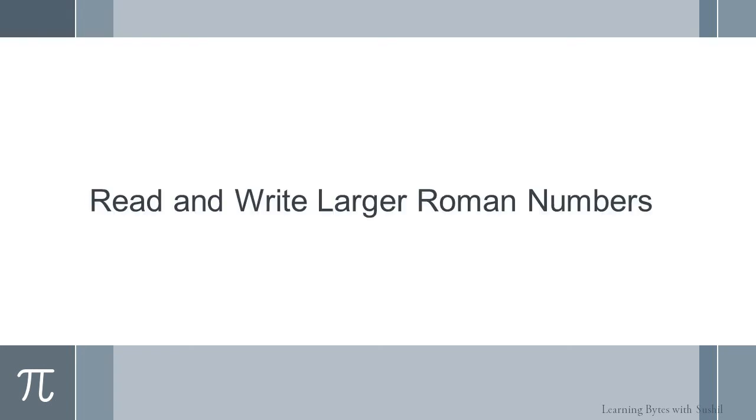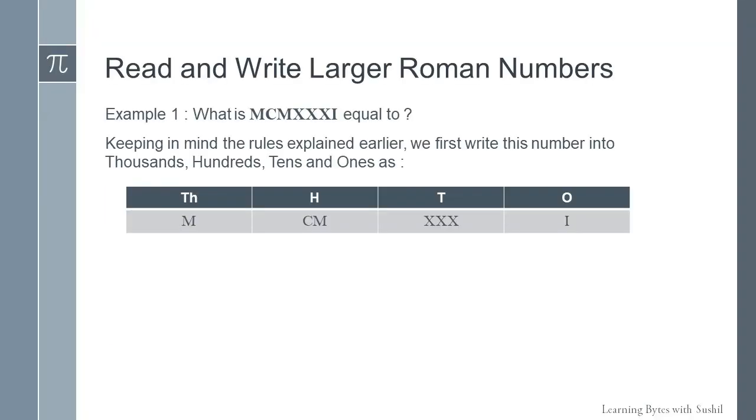Now let us understand how to read and write the larger Roman numbers. So let us understand with one example. What is MCMXXXI equal to? So keeping in mind the rules explained earlier, we first write this number into thousands, hundreds, tens and ones as shown below. And then we put their values.